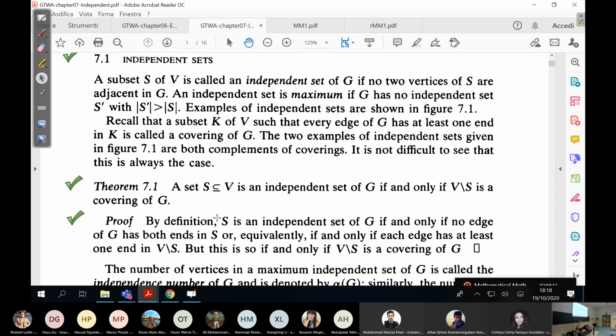They are interesting for telecommunication people in particular, because if you have senders that may interfere with each other, then you want to pick up a set of independent vertices, in the sense that if you put a vertex for each transmitter and an edge between two transmitters if they may interfere, then an independent set is a set which has no interference.